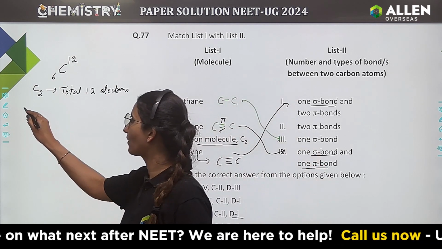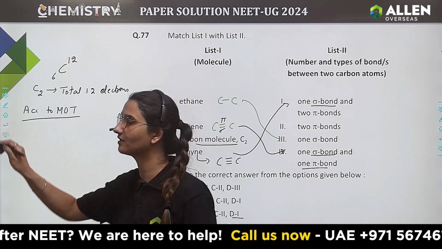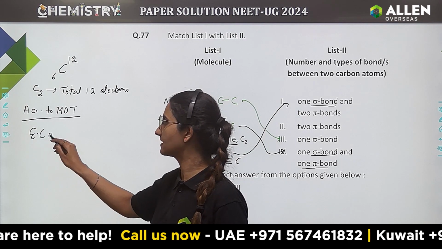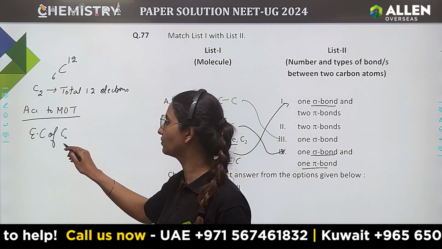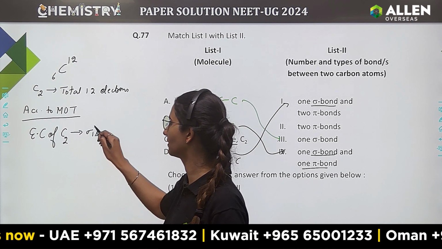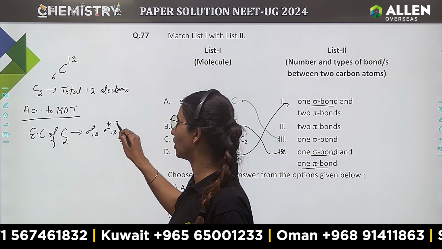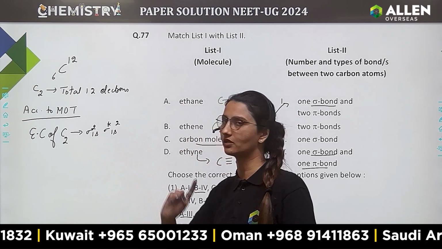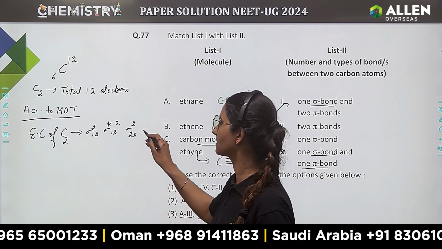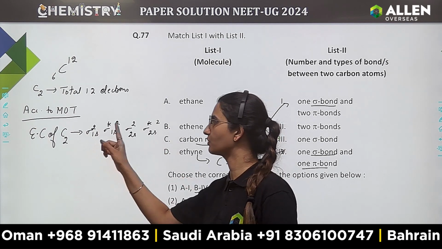So according to molecular orbital theory, grade 11th chemical bonding, the electronic configuration of C2 would be sigma 1s2, then sigma star 1s2. How many electrons used? 2 here, 2 here. Then sigma 2s2, sigma star 2s2.